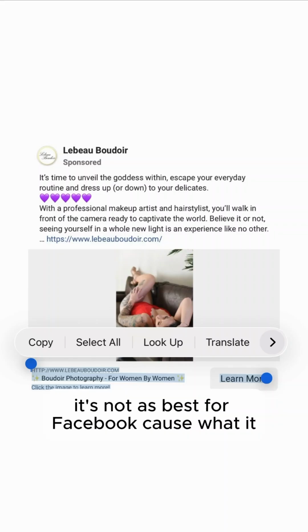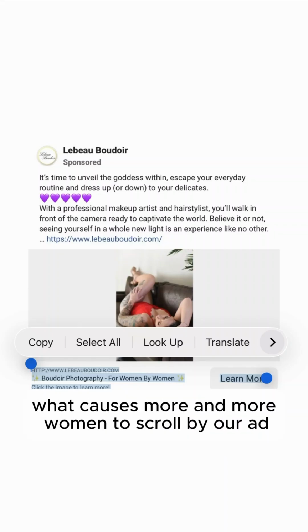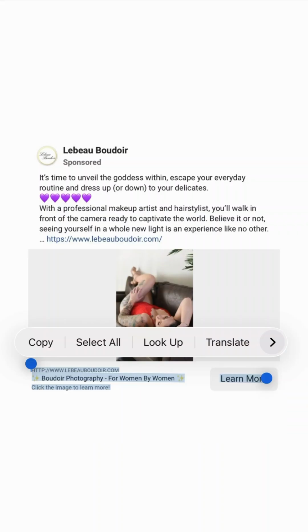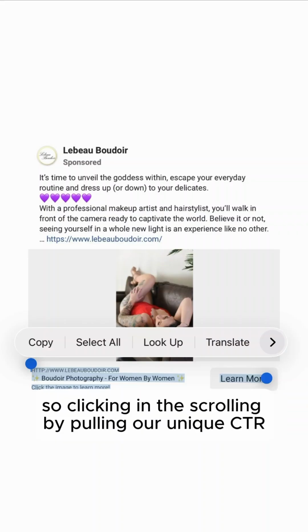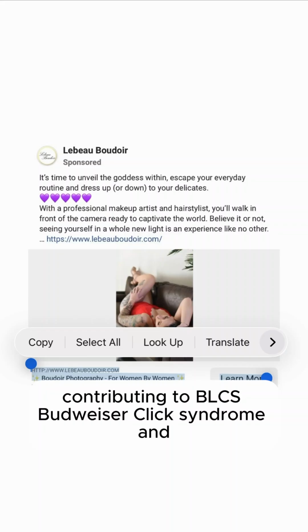In fact, it's not best for us, it's best for Facebook, because when we fill this out, all these things cause more and more women to scroll by our ad instead of clicking in, pulling our unique CTR under 6% and contributing to BLCS, boudoir low click syndrome.